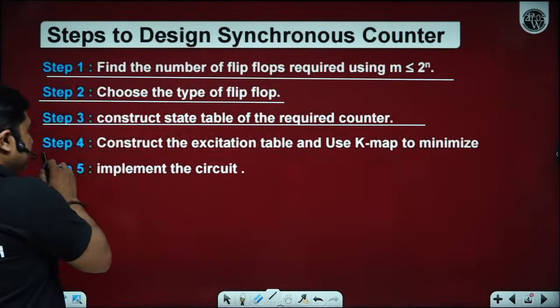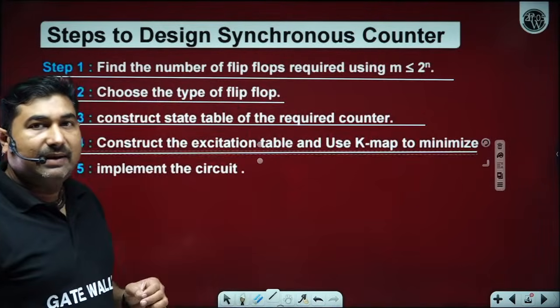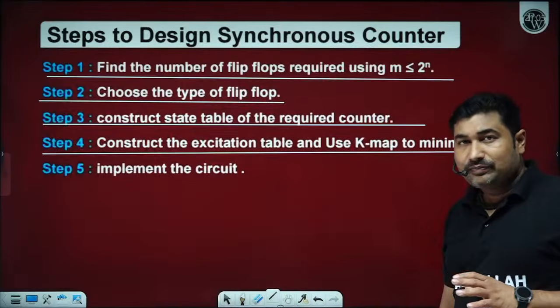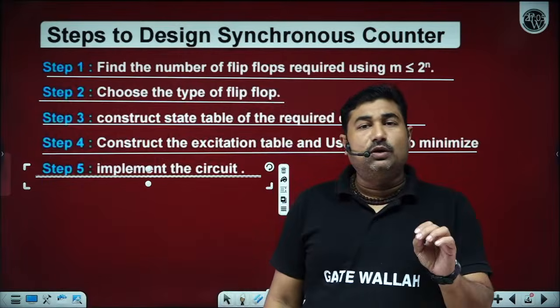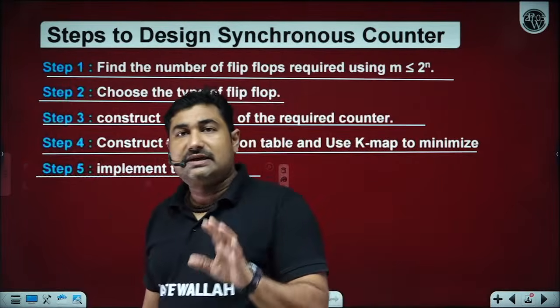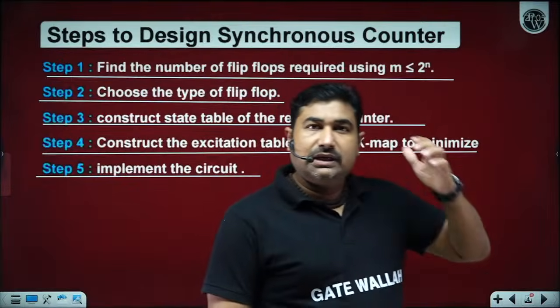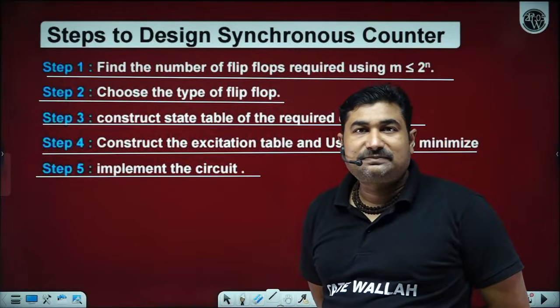Now from the state table you can construct the excitation table and use K-map to minimize the excitation equations. Next is to implement the logic circuit. You only have to follow these 5 steps to design any desired synchronous counter.